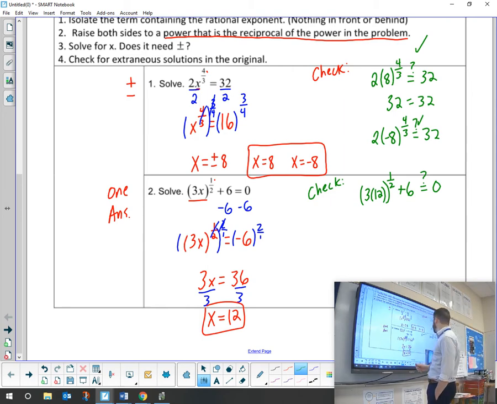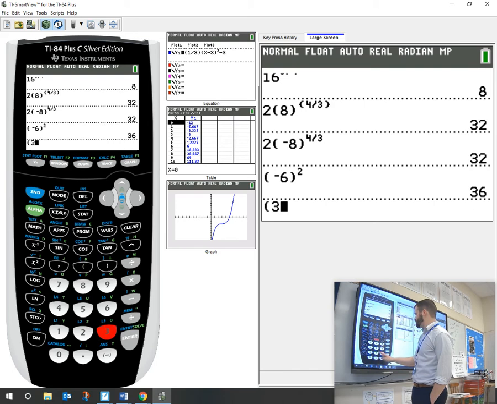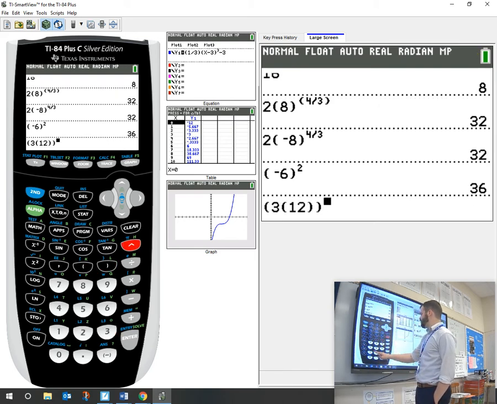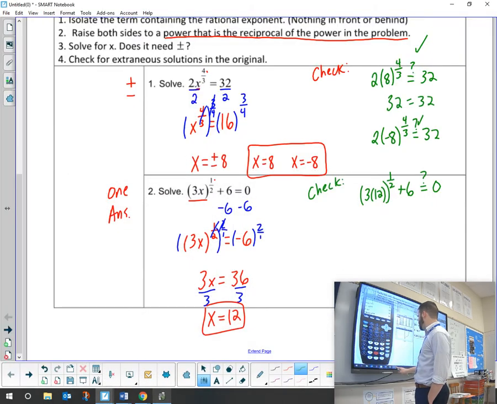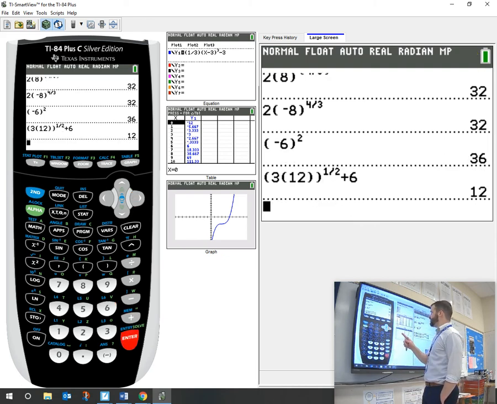So I pull up my handy dandy calculator, and I'm going to go parentheses, 3 times 12 raised to the power of 1/2 plus 6. Oops. Okay, so let's try that again. 1/2, and then we have to click 1 over to leave the exponent. Then we click plus 6. Okay, hit enter. That equals 12.